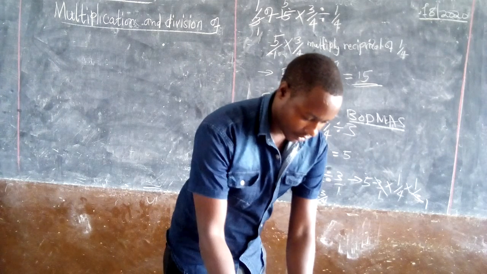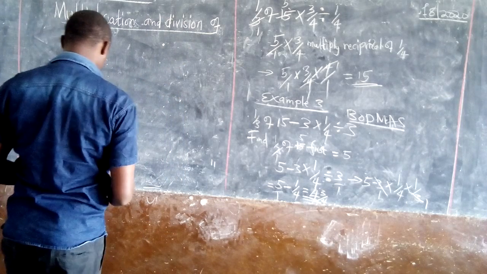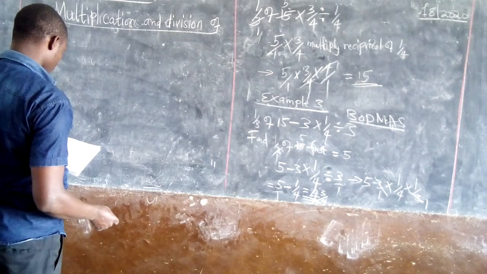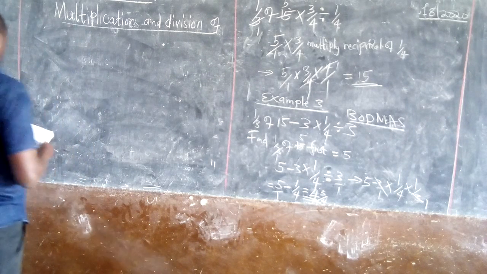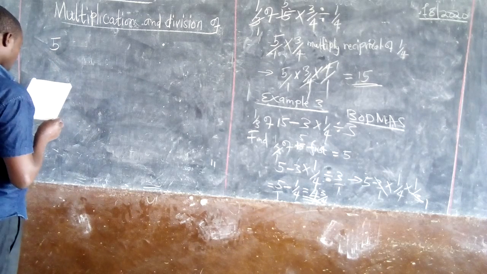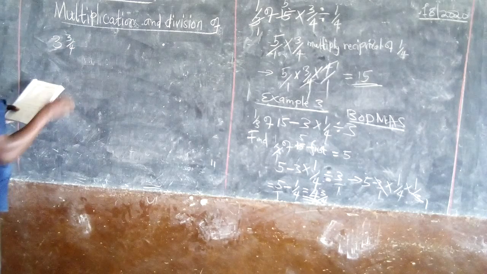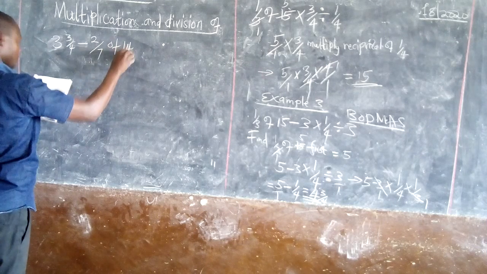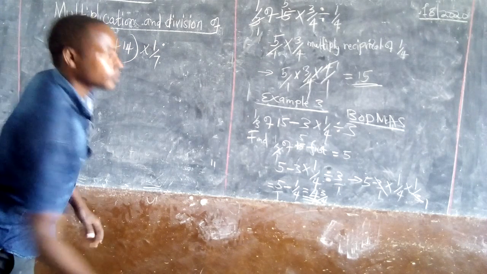For example, in this case, we have this example: 3 and 3/4 minus 2/7 of 14 times 1/7. We are told to work out that.